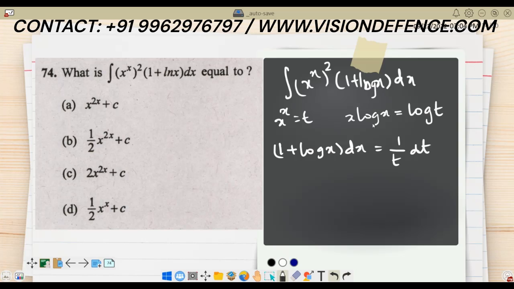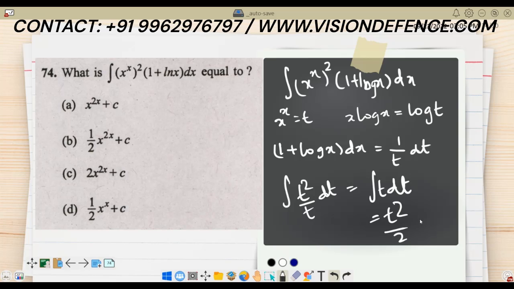So of course everything is natural log. Even though in the question ln is given, we're going to write it as log. Okay, so 1 by t dt, right? This is t square. So this will transform into t square divided by t dt. That is only t dt.